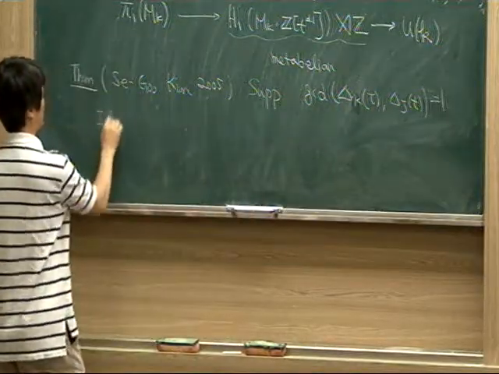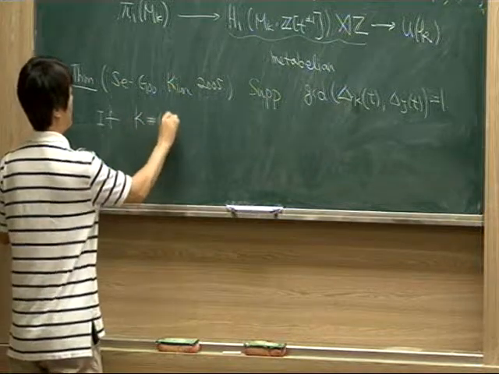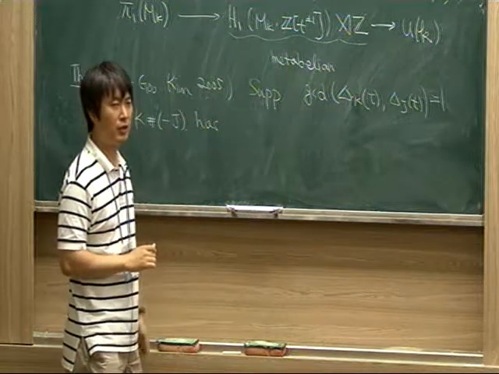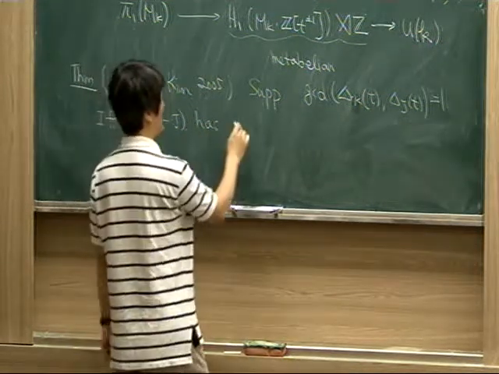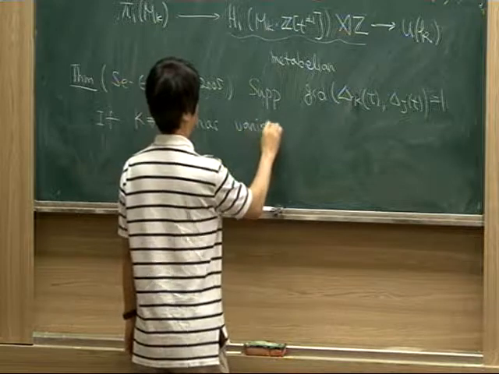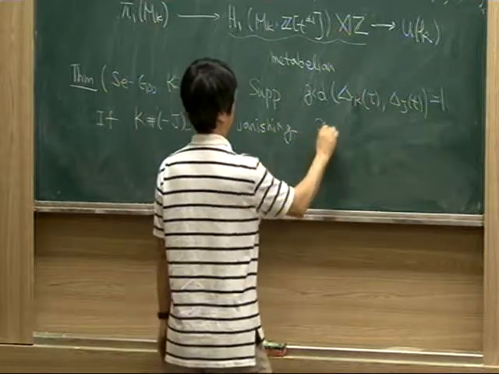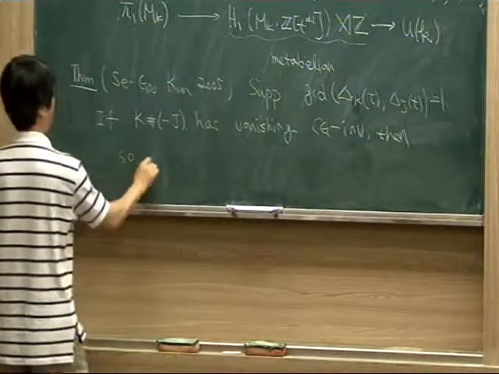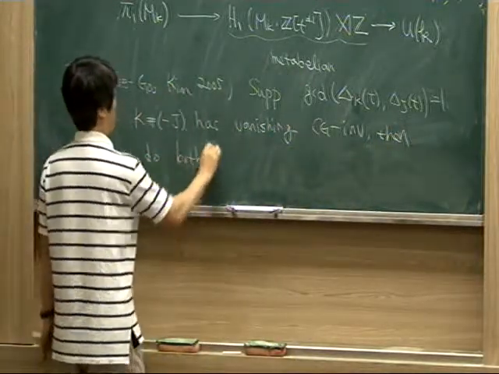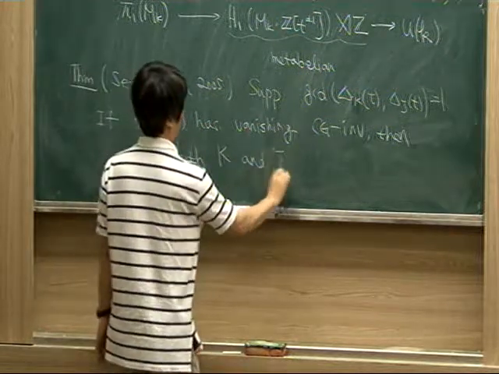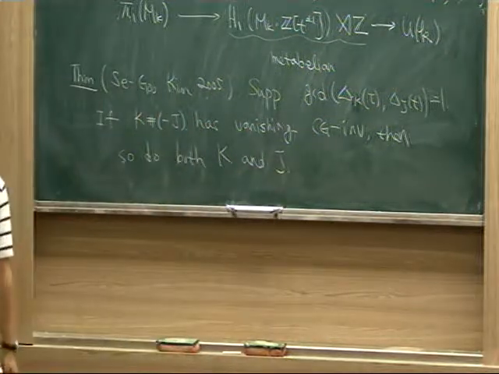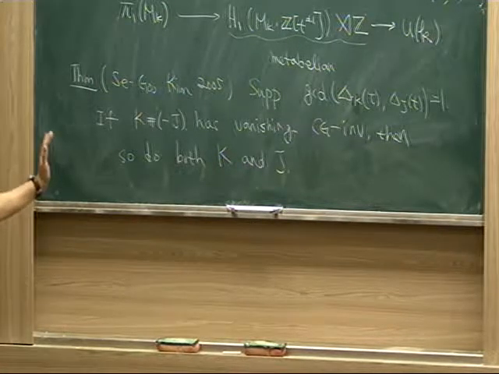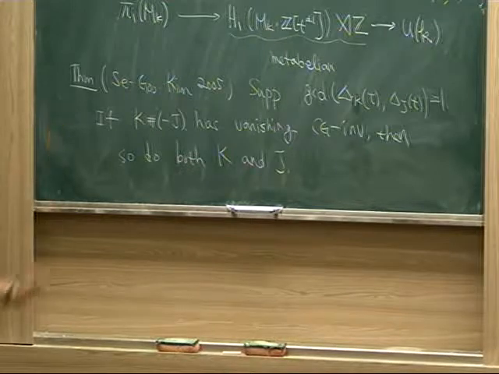Then he showed that if K connected sum minus J has vanishing Casson-Gordon invariants, I mean if the Casson-Gordon invariants are 0 for this knot, then it is slice for both K and J. So again, this is another positive evidence for the question or conjecture.